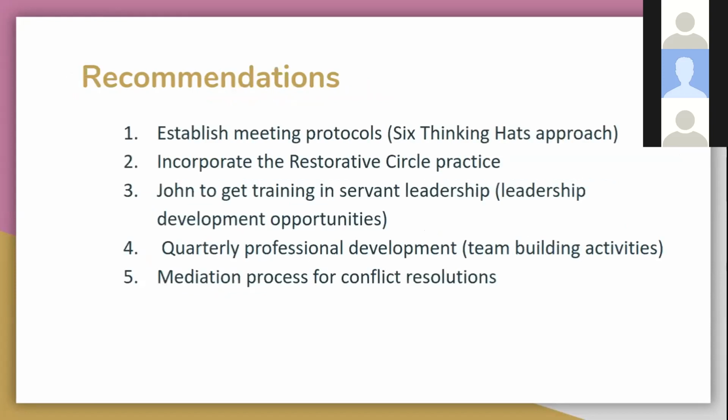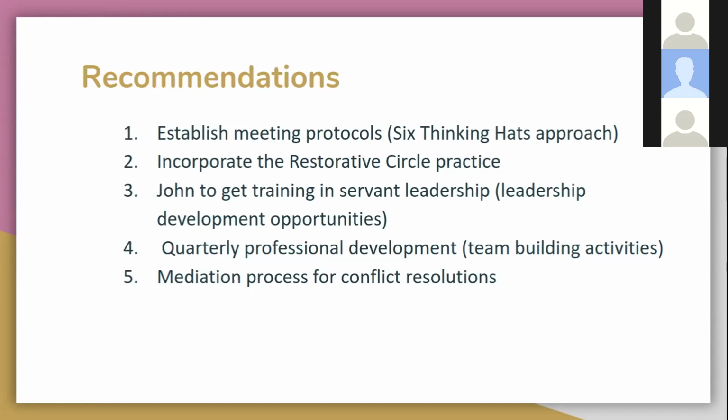The recommendations our consultant team made were, first and foremost, establishing a meeting protocol, such as a Six Thinking Hats approach that allows everyone to talk and their voices to be heard. Another technique, since there was some animosity and not everybody could talk, is a restorative circle practice to create a non-threatening, safe environment to share opinions or respond to prompts within the team.